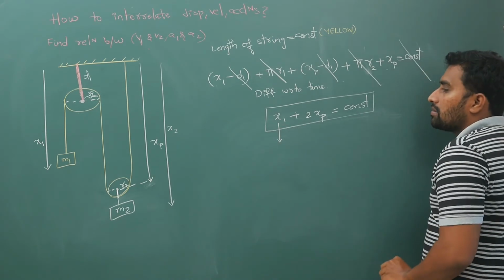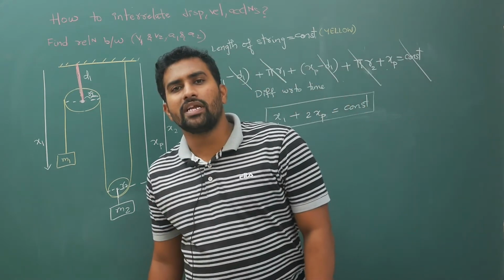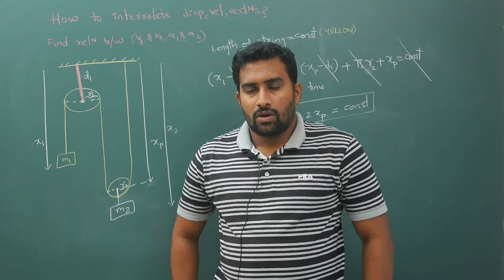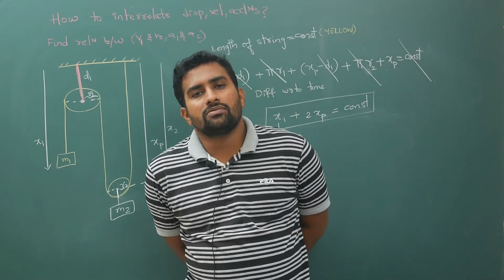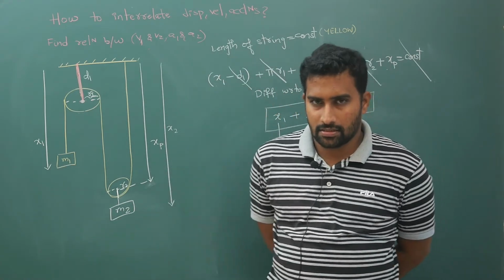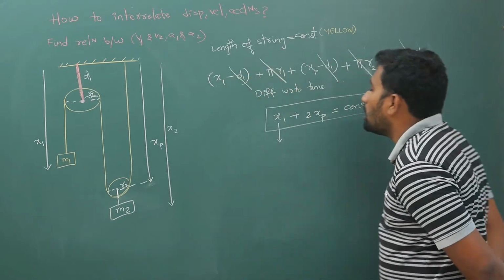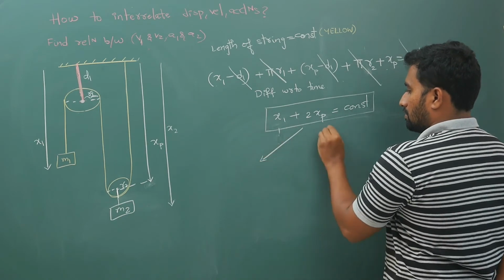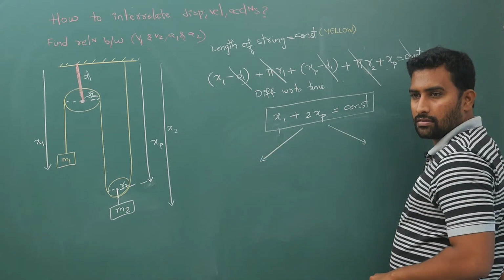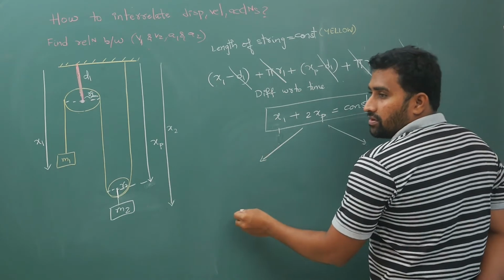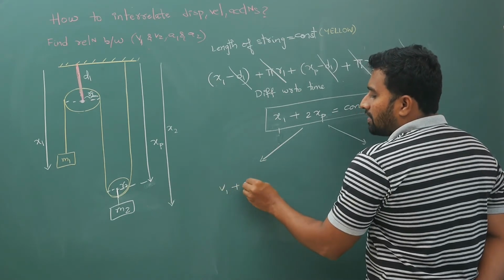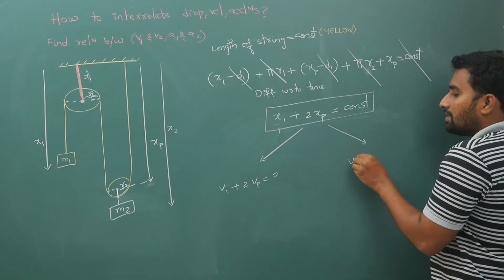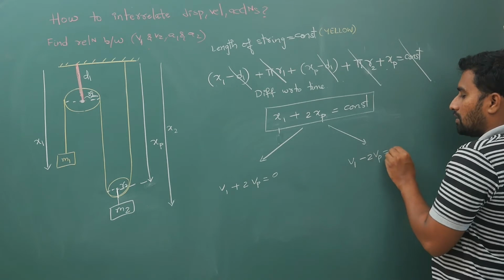Many times students will get confused with the signs. Some people will write v1 plus 2vp is equal to 0. Some people will write v1 minus 2vp is equal to 0.